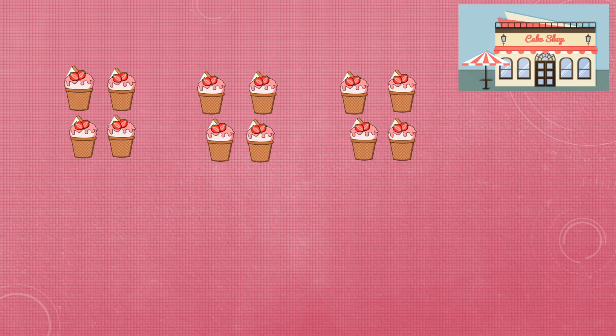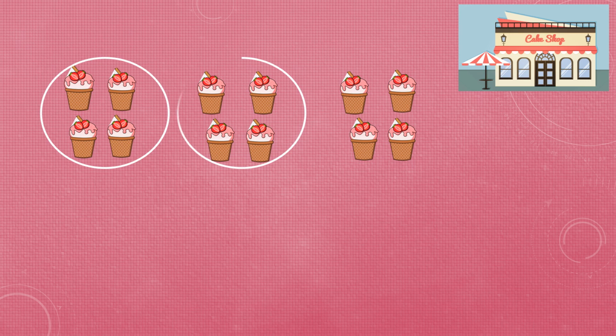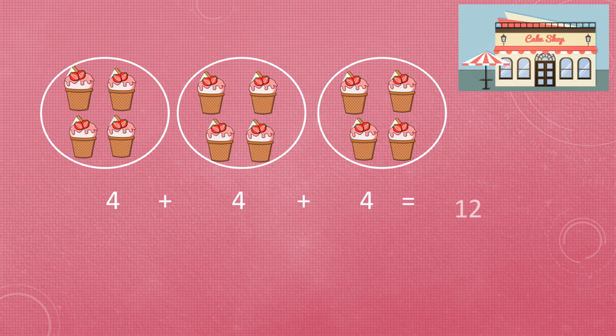So here there are certain number of cupcakes. Let's form groups of equal number of cupcakes. Starting from the first one, here there are 4 in the first group, 4 in the second group, and 4 in the third group. So if we are going to add 4 plus 4 plus 4, this will be equal to 12.